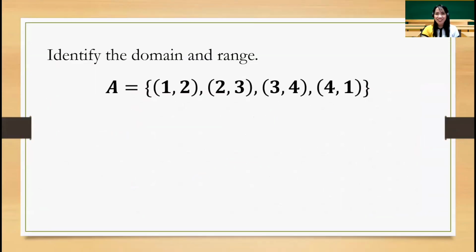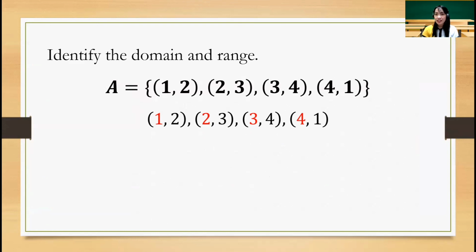Identify the domain and range. In the given set A, we have the ordered pairs, points (1, 2), (2, 3), (3, 4), (4, 1). Sinabi natin kanina na pag sinabing domain, yan yung mga values or elements sa unang set at yung mga range, yan yung mga values or elements sa ikalawang set. Dito sa ordered pairs, yan yung mga numbers sa una.